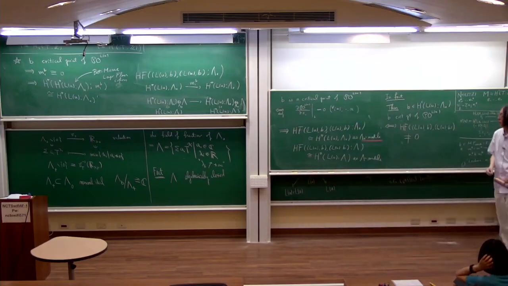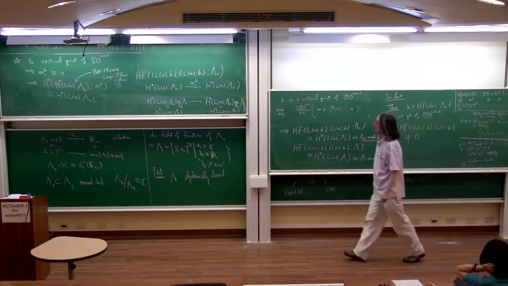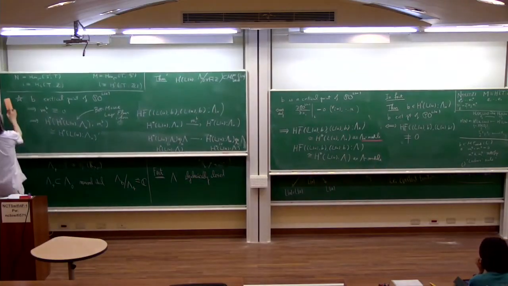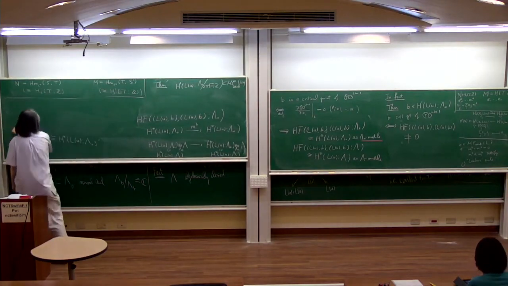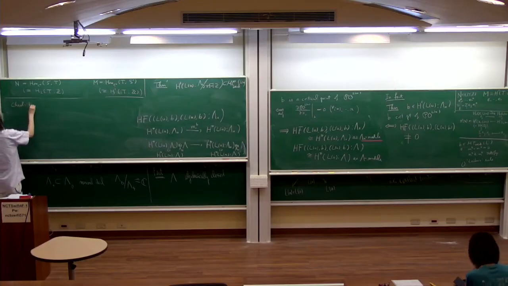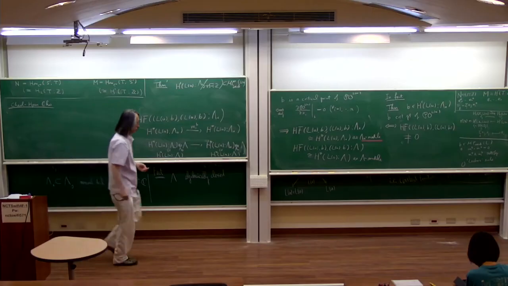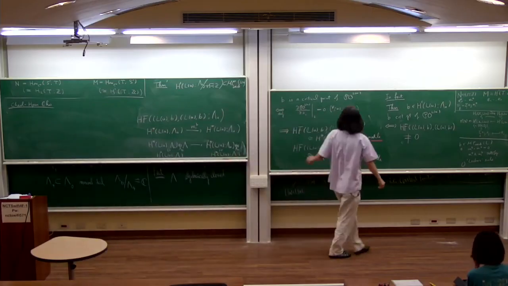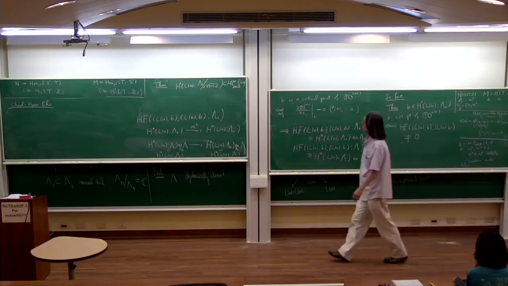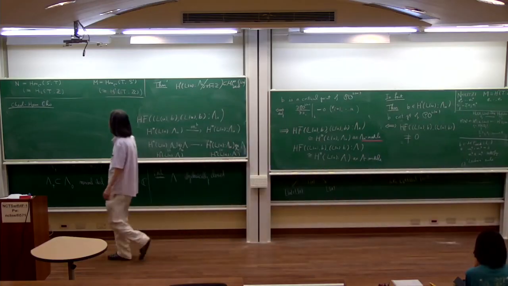How about the ring structure? And this is again an observation by Cho. So actually we computed the first derivative of the potential function. But if you consider the second derivative of the potential function, what do you get?